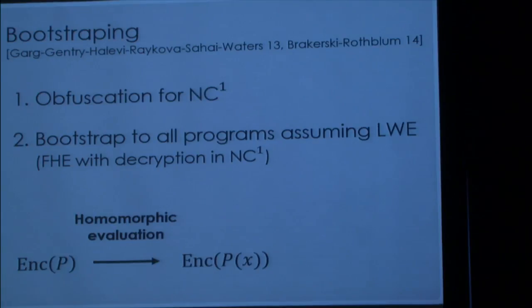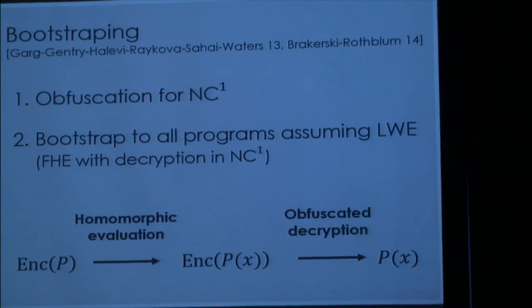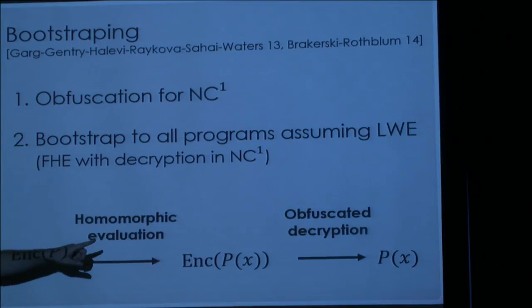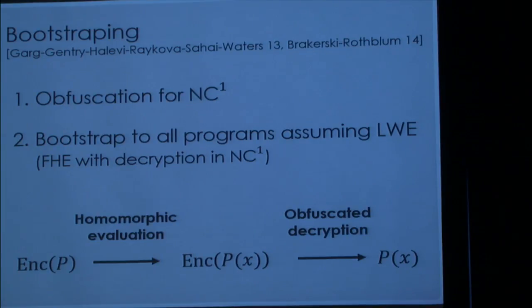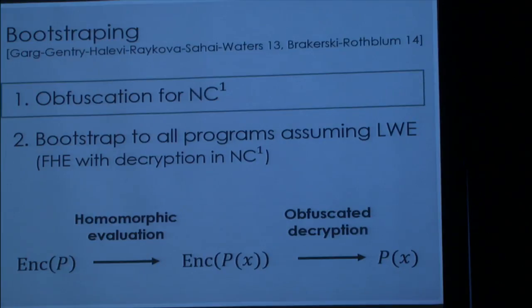And now, to get this output in the clear, I'm also going to give you an obfuscated NC1 circuit that allows you to decrypt this value. There are a lot of missing details here. For example, I need to show that the obfuscated decryption circuit doesn't break the security of this obfuscation. But I'm not going to go into more details. Following this idea, all we need to do now is construct obfuscation for NC1 circuits. And in order to do that, we're going to exploit the fact that these circuits can be represented as polynomial time branching programs.